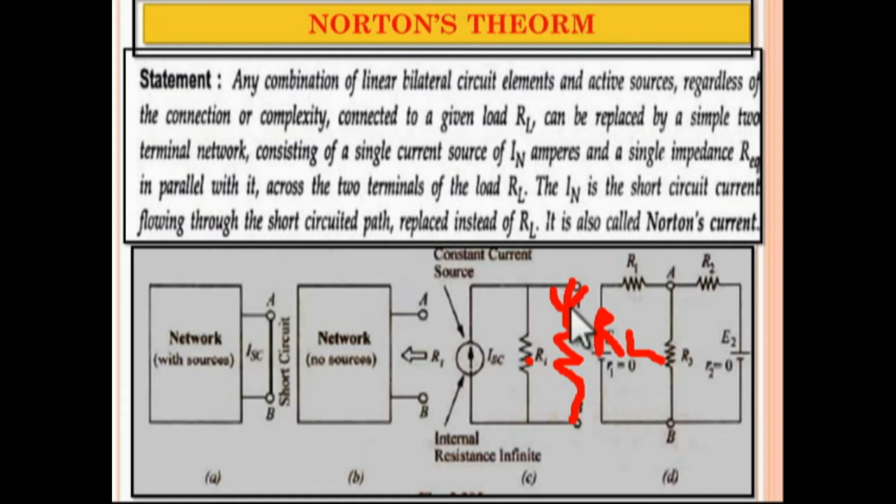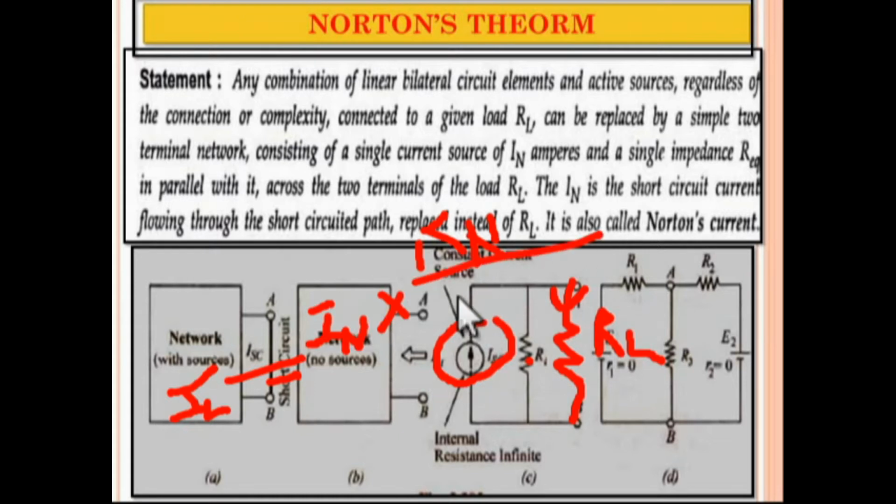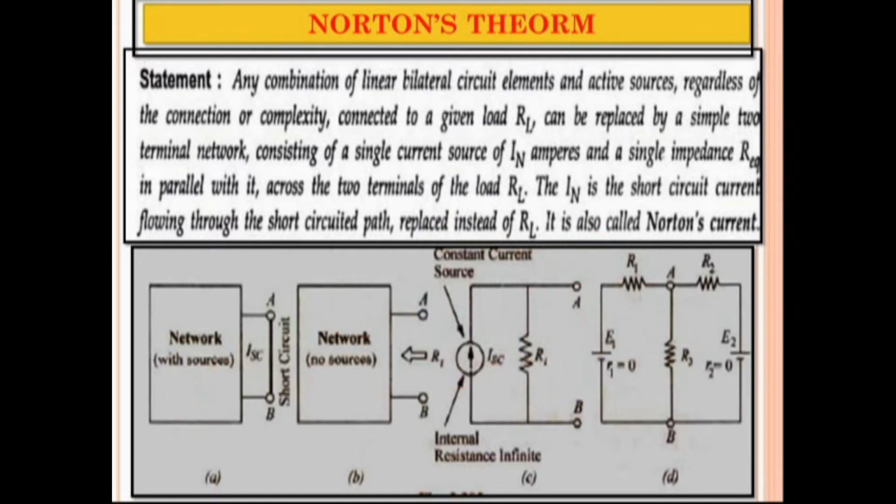We can write IL equal to the total current ISC or IN into, since we are finding the current in this branch, this resistance will be written first. So RN upon RN plus RL. So this will be the load current.